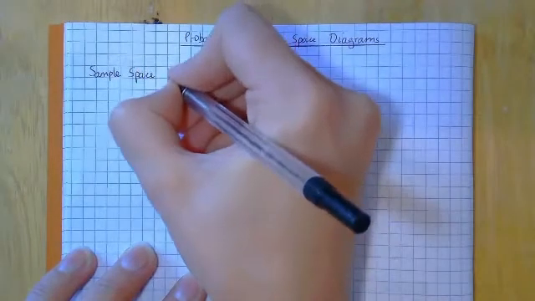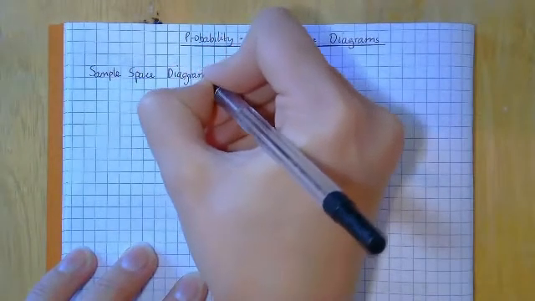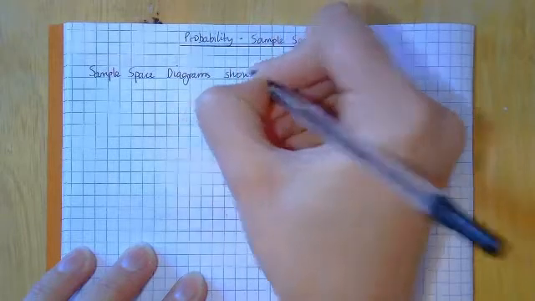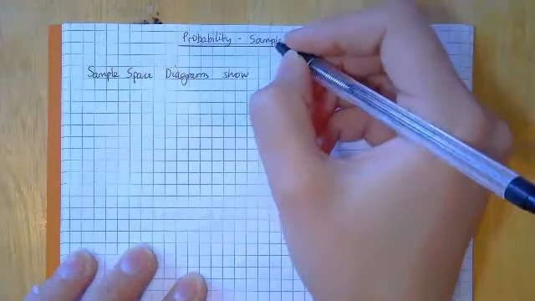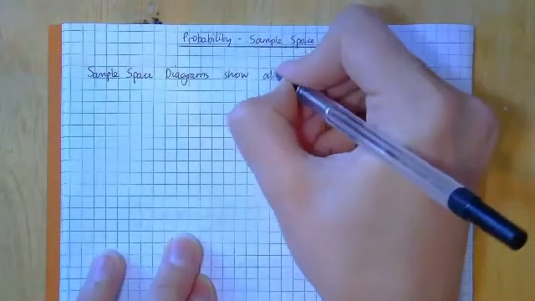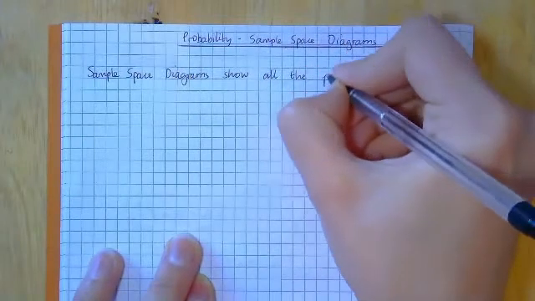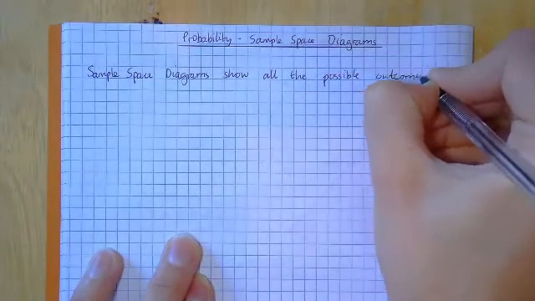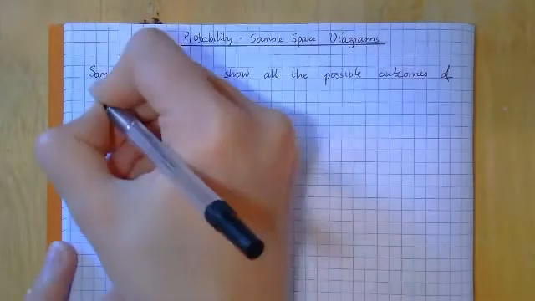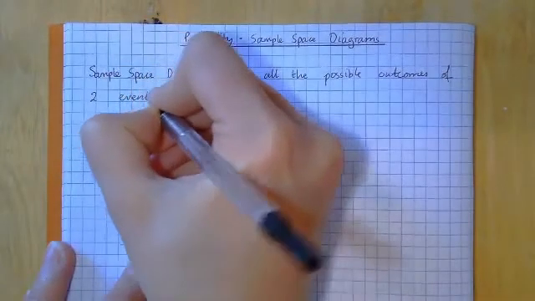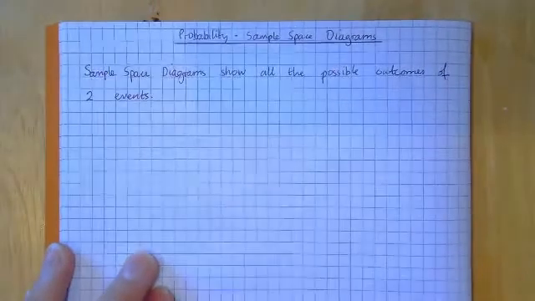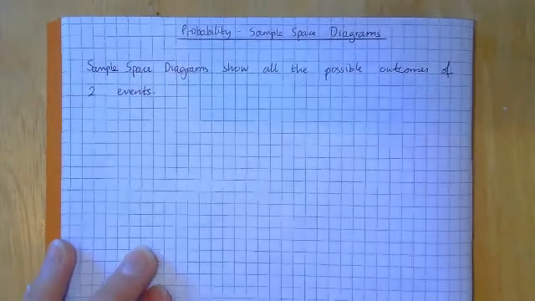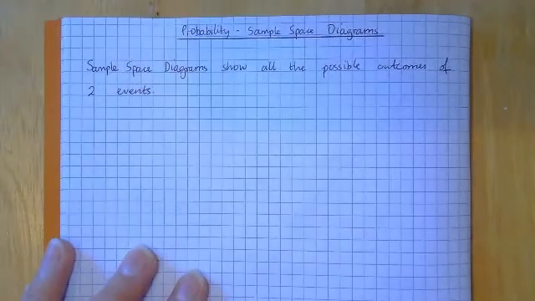Sample space diagrams show all the possible outcomes of two events. And once we draw one, you'll see just what I mean. You'll see that they're really not too bad at all.